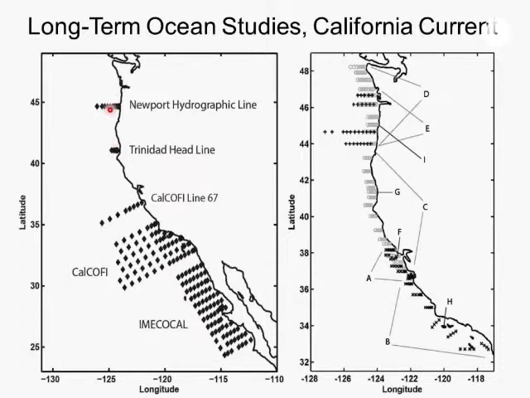There's lots of points where people are doing work as well. So this D points to an island off of the tip of Cape Flattery there in Washington, where seabirds are studied at Tatoosh Island. And F here shows the Farallon Islands off the Gulf of the Farallons. And H is the Channel Islands. So we have a lot of information, or potentially have a lot of information, but we need to put it together.